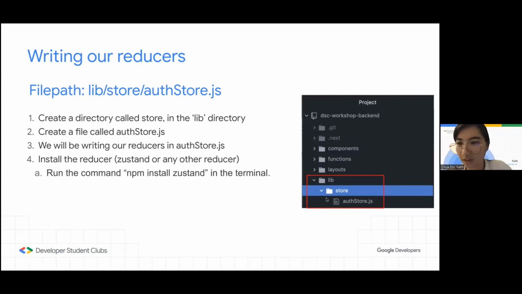Oh wait, I don't know if Zustand is already installed, but if it's not installed, you can install it using that command over there. But I think it should be pre-installed in the GitHub. Anyways, I think there's more than enough time for you to install and create the relevant files. So I'll move on.